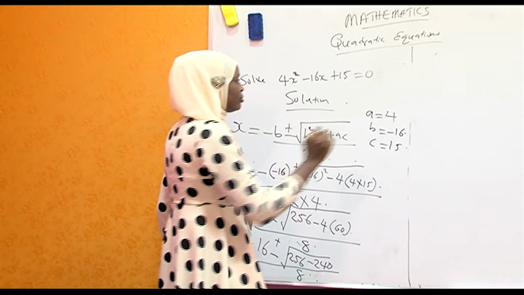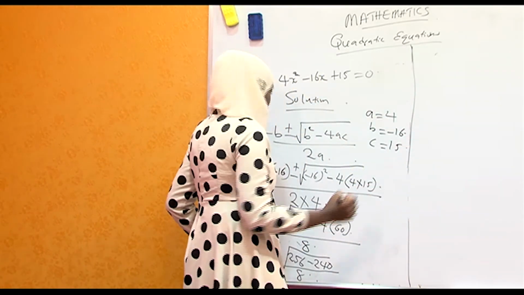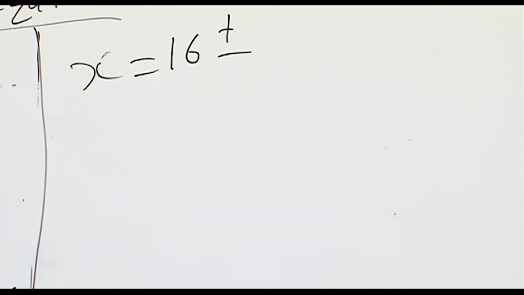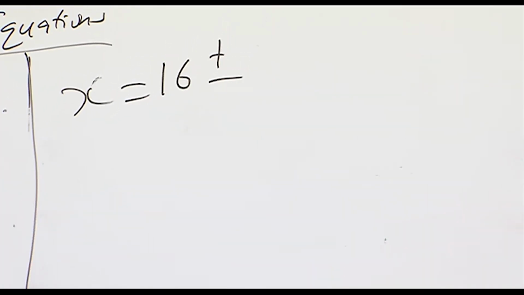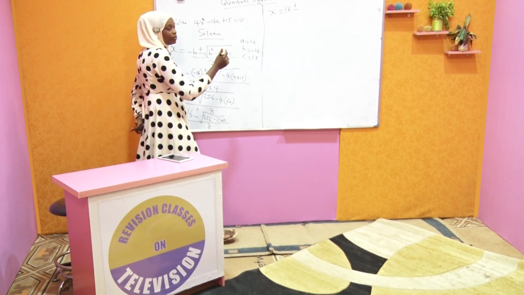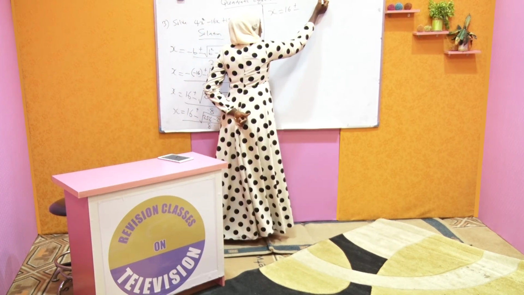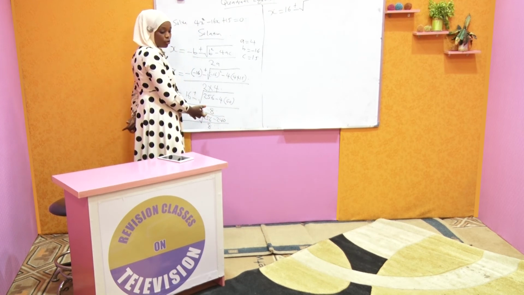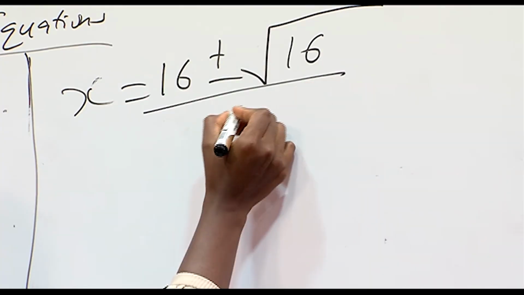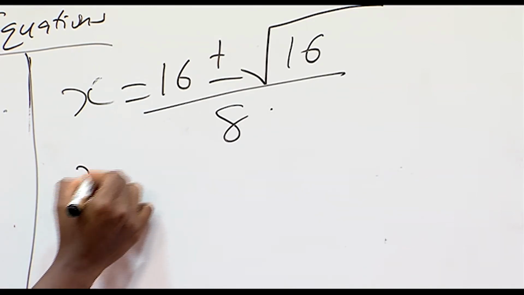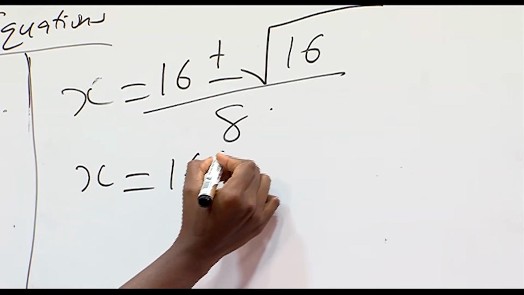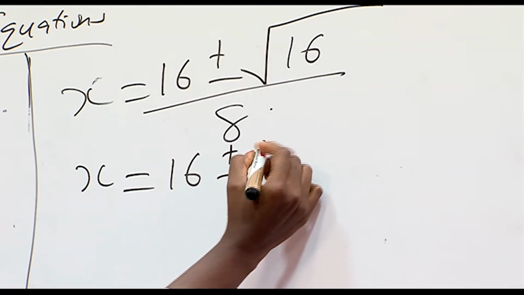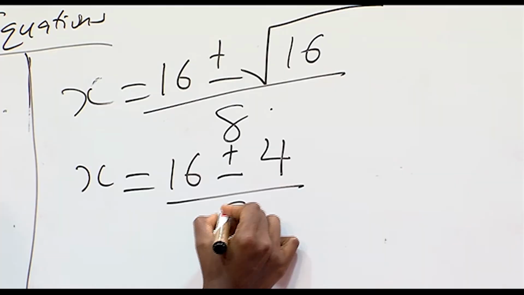So solving, it will give us x is equals to 16 plus or minus the square root of 256 minus 240, which is 16, all over 8. Now I have x equals 16 plus or minus, what is the square root of 16? Square root of 16 will give you 4 all over 8.